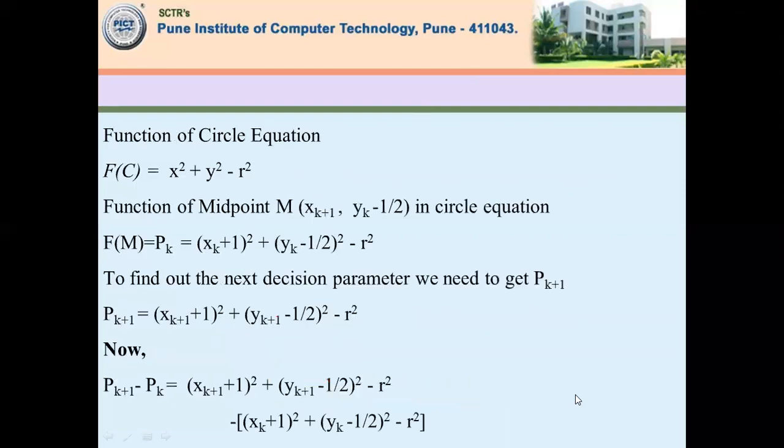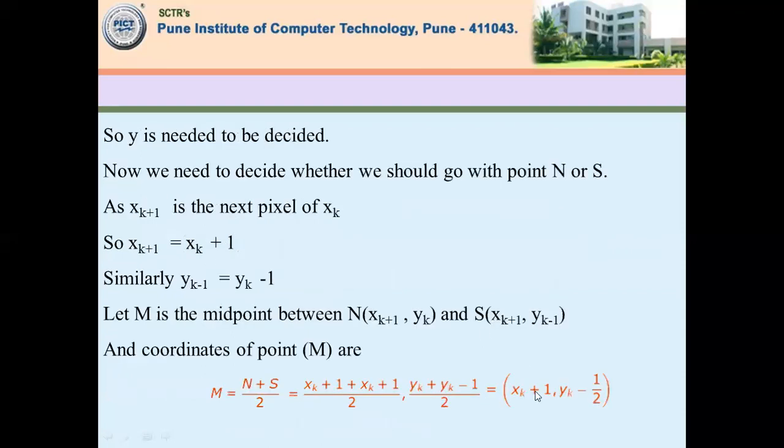The function of the circle equation is x square plus y square minus r square. It is the same equation we considered for the Bresenham algorithm, or any circle which you saw in your fifth or sixth standard while calculating the area. Then the function of a midpoint in the circle equation: here fm for the midpoint we calculated, xk plus 1, yk minus half.